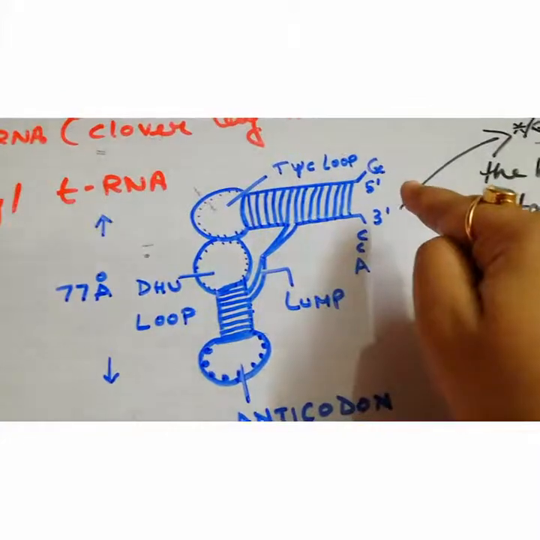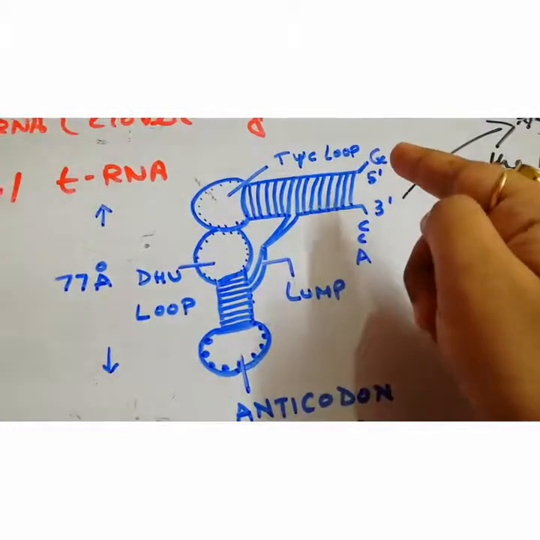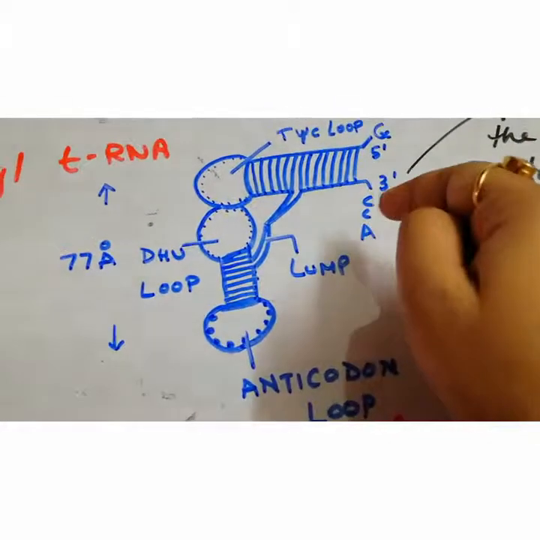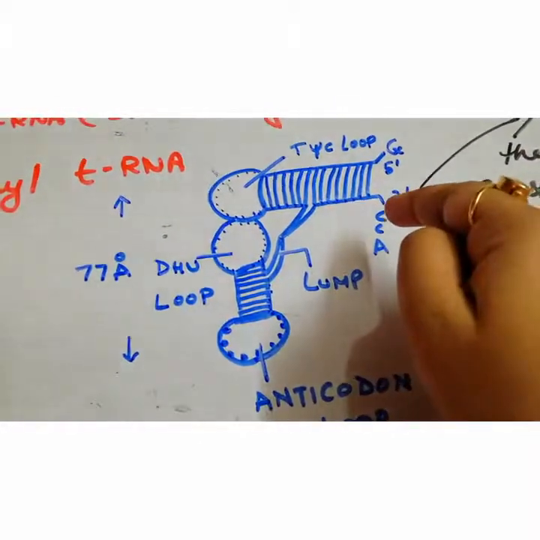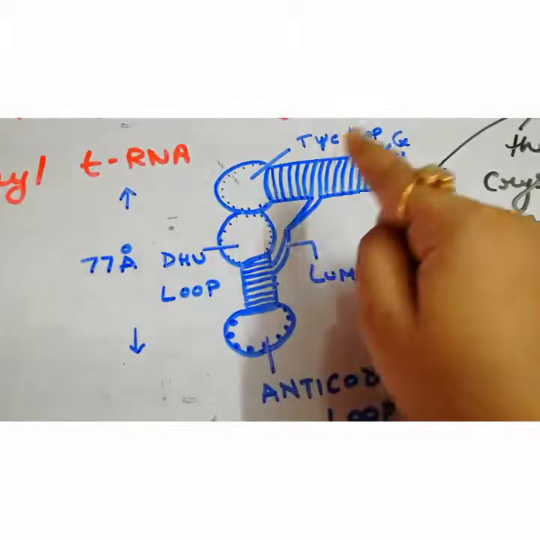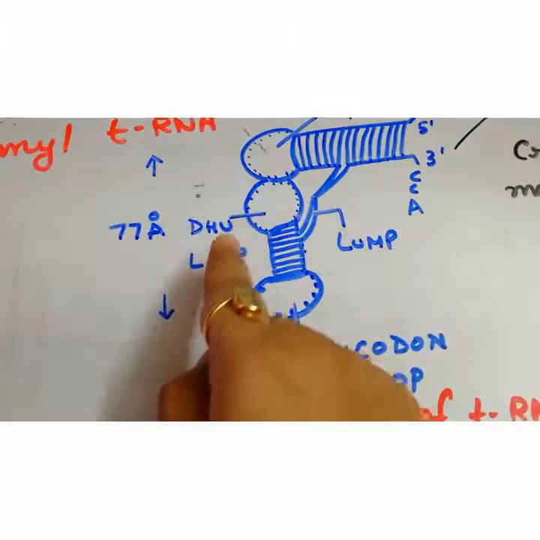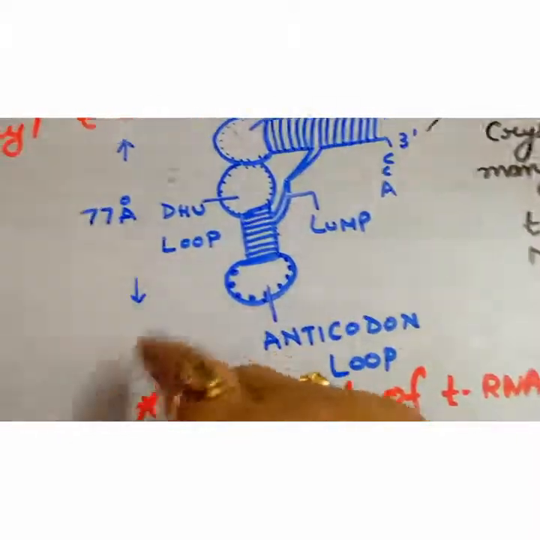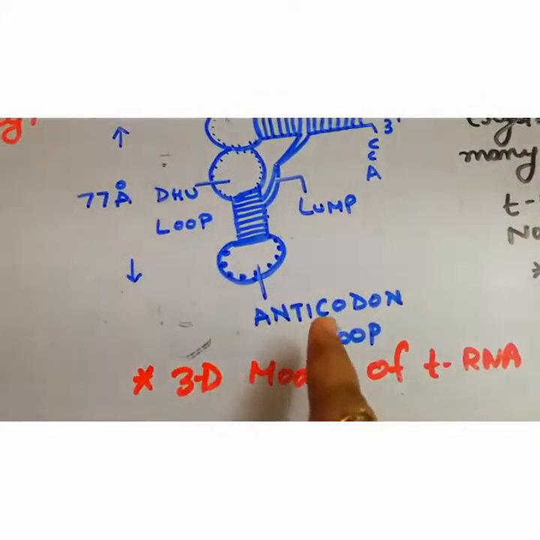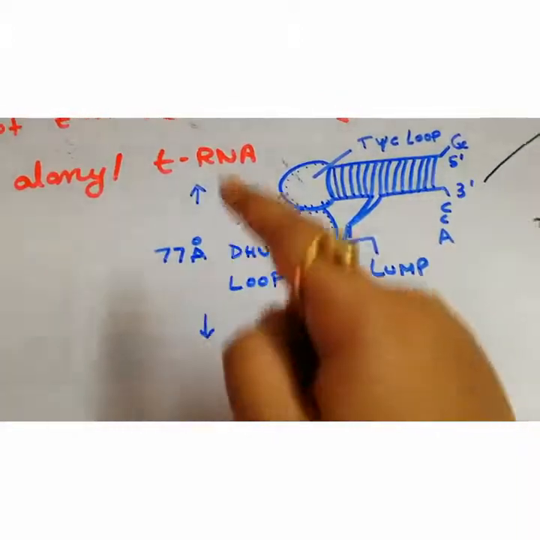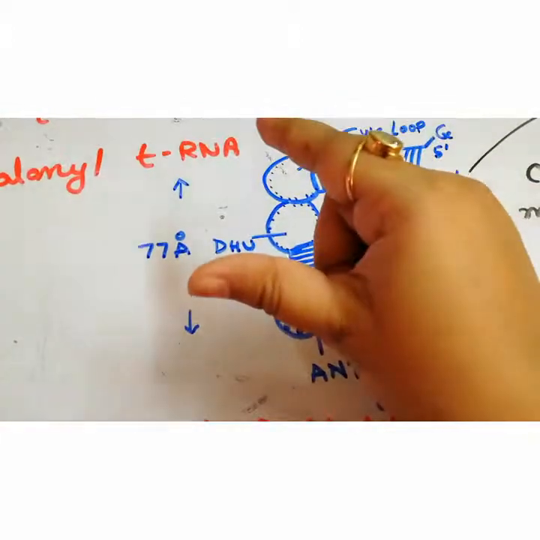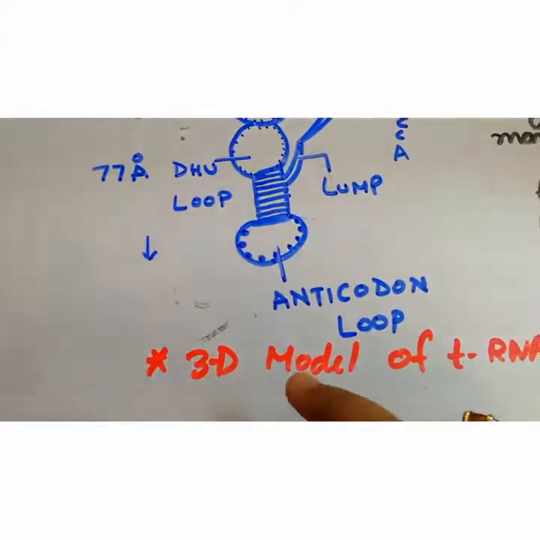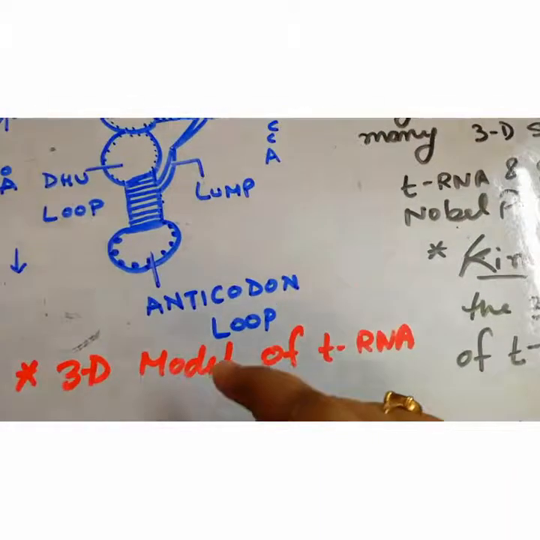This is the 5' end having guanine as its first nitrogenous base, and this is the 3' end having CCA as its nitrogenous bases. This is the DHU loop or tRNA synthetase binding loop. This is the anticodon loop, and the length from this point towards the end is 77 Angstrom. And this is the 3D model of tRNA.